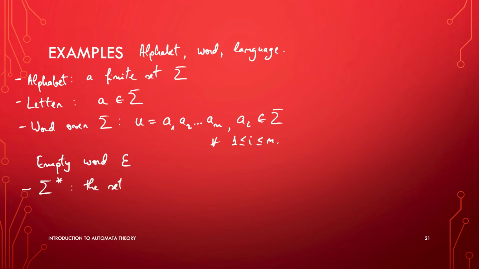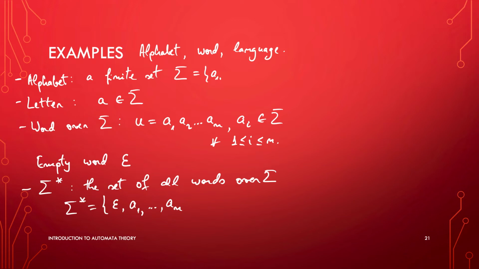I'm going to denote by sigma star the set of all words over sigma. If you think about what sigma star contains, obviously the empty word is in there. Then you have all the letters from your alphabet, which are words of length 1. Maybe I'm writing it here: sigma is A1, ..., AP.